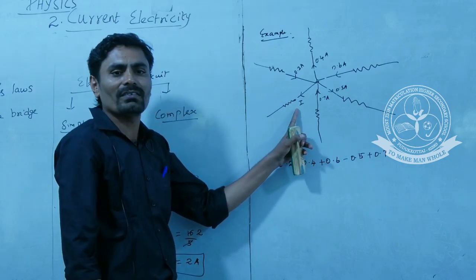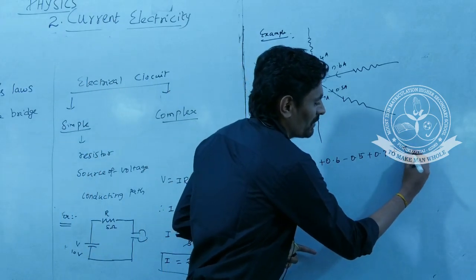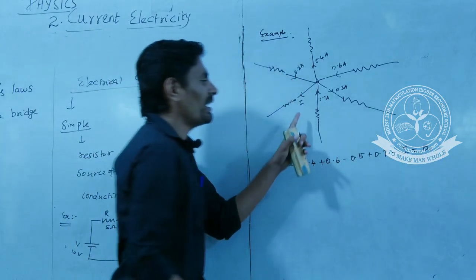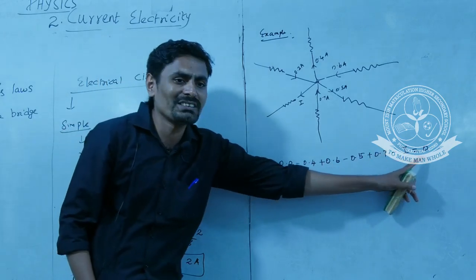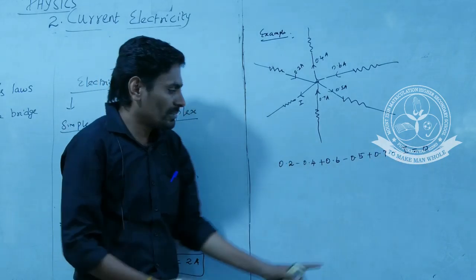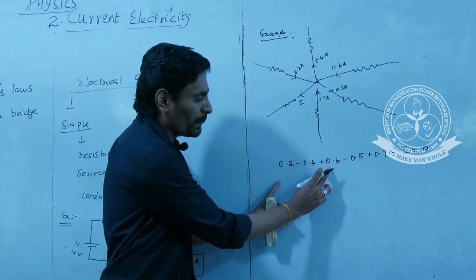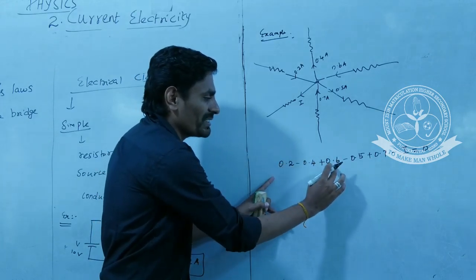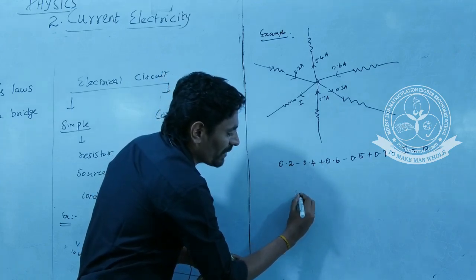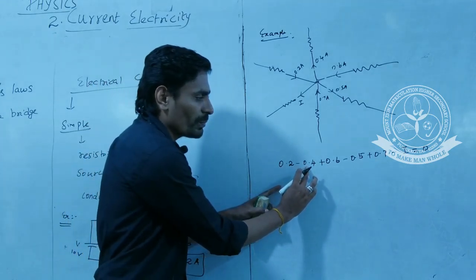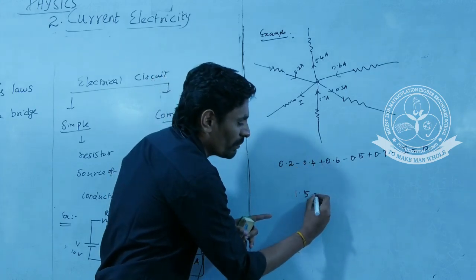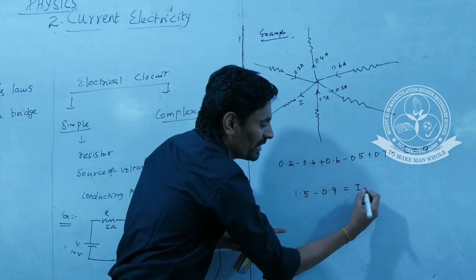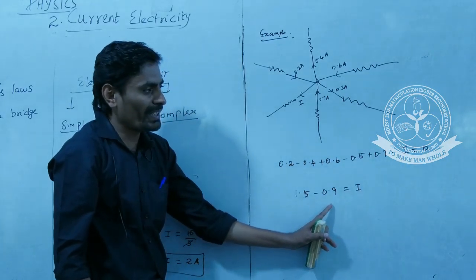Then write the current I: it is minus I, because the current is leaving the junction. The sum of the currents is 0, and we find I. So plus 0.2, plus 0.6, plus 0.7: 0.2 plus 0.6 is 0.8, plus 0.7 equals 1.5. Then minus 0.4 minus 0.5 equals minus 0.9. So 1.5 minus 0.9 gives I equal to 0.6.